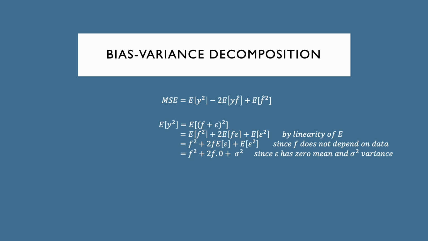So from the previous equation we can simplify those terms like this. And this is what our current mean squared error equation looks like. It's f squared plus sigma squared, which is the variance of the noise, minus twice the expected value of y times f hat, plus the expected value of f hat squared.